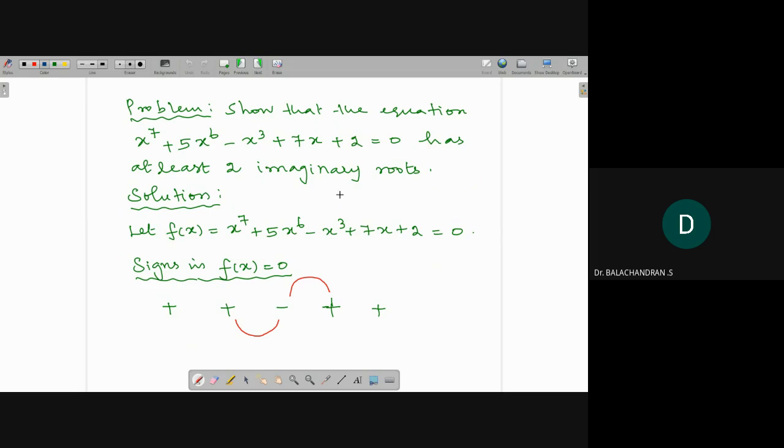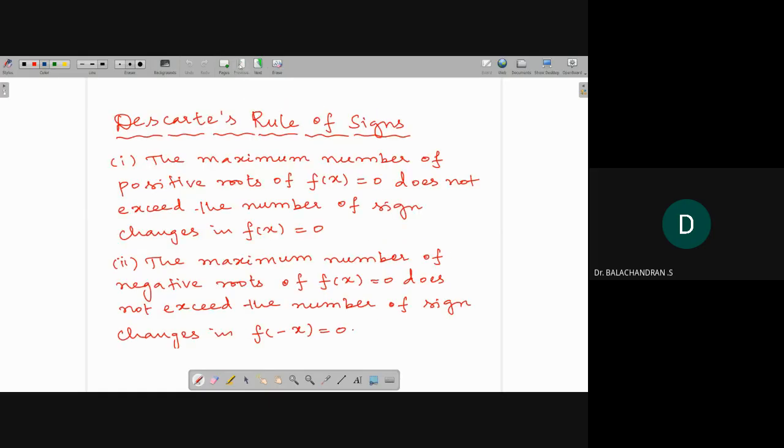First I will explain the Descartes' rule of signs. The first one: the maximum number of positive roots of f of x equal to 0 does not exceed the number of sign changes in f of x.